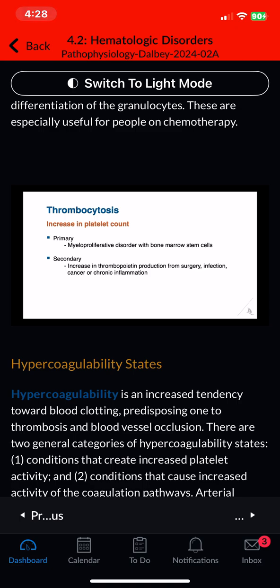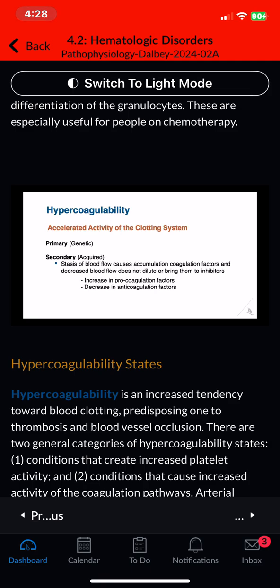And remember, those are the cells that create platelets. Or it can be secondary, in which there is an increase in thrombopoietin hormone. And that, remember, is the hormone that can trigger platelet production. That can occur from surgery, infection, cancer, or even chronic inflammation disorders.